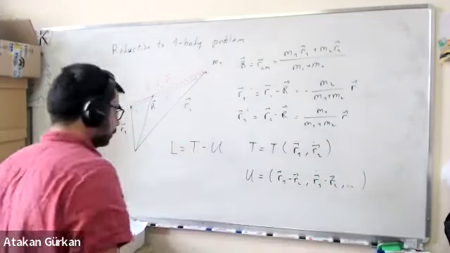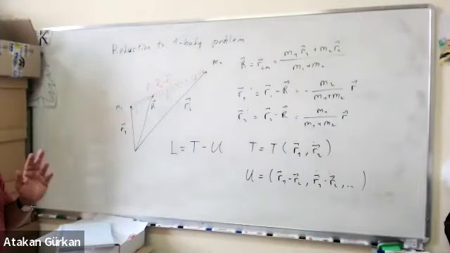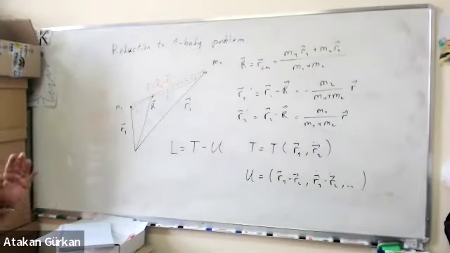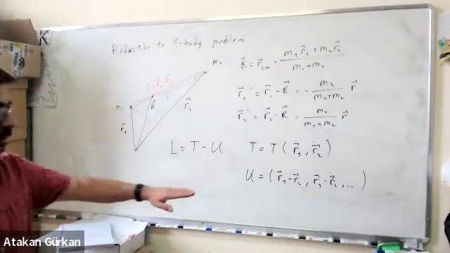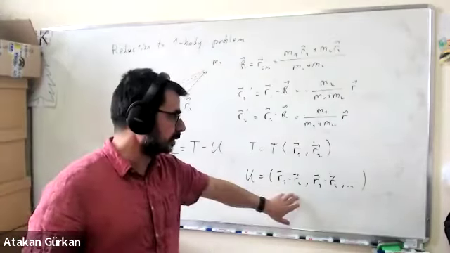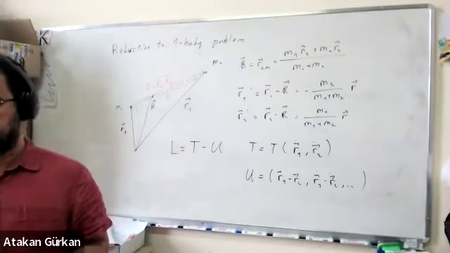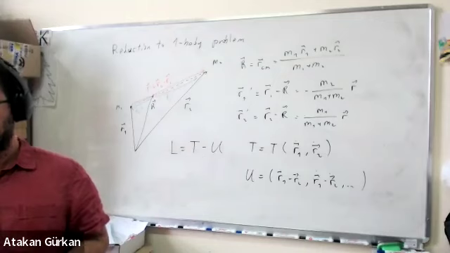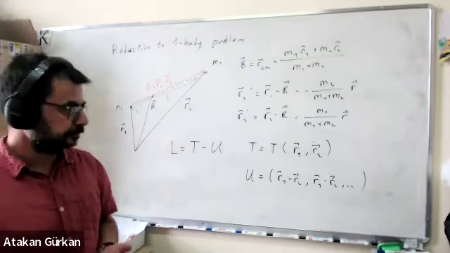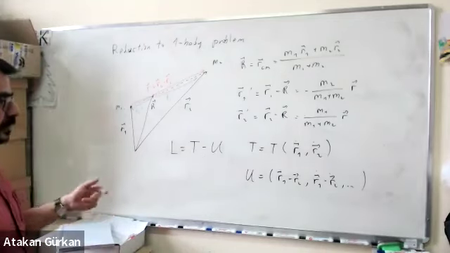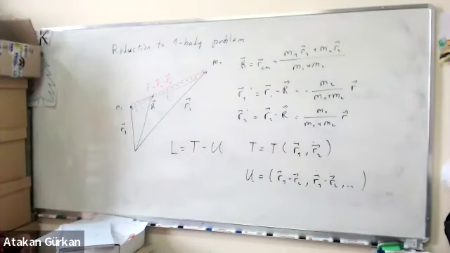Okay? So I'm going to neglect the external forces. I'm going to just get the interaction forces between these two particles, and that means that my potential energy can only depend on the separation and the relative velocities, and so on and so forth. It cannot depend on anything else. It cannot depend on how I choose the origin. So it cannot depend on the absolute values of this, but only on their differences.